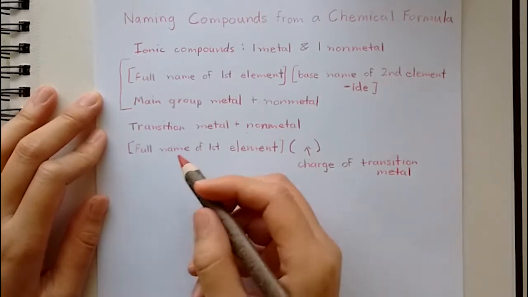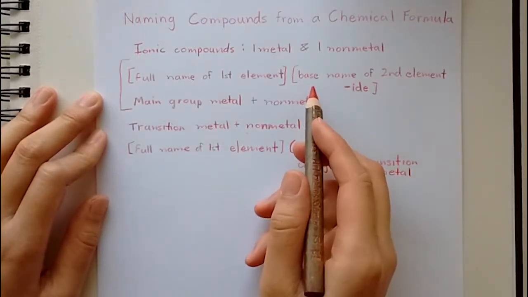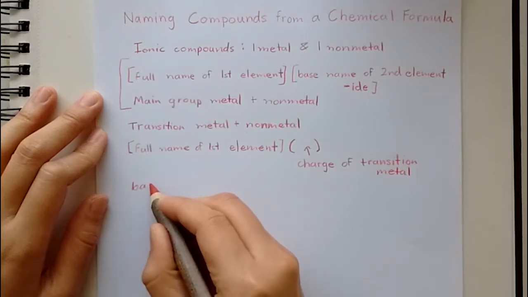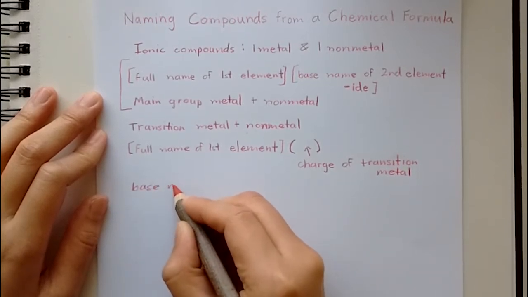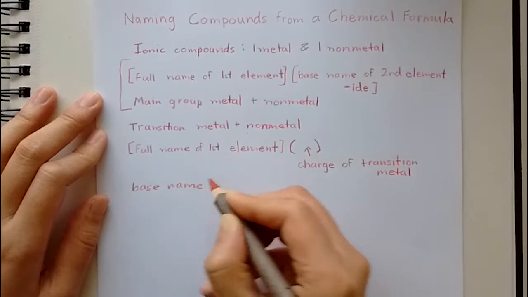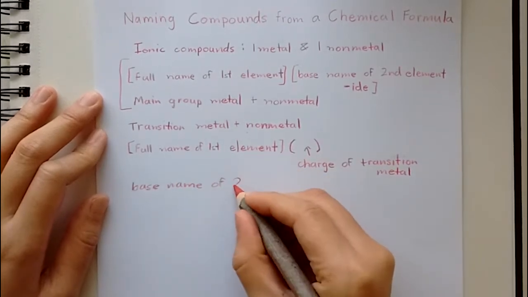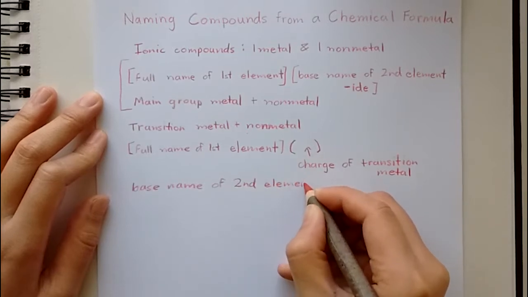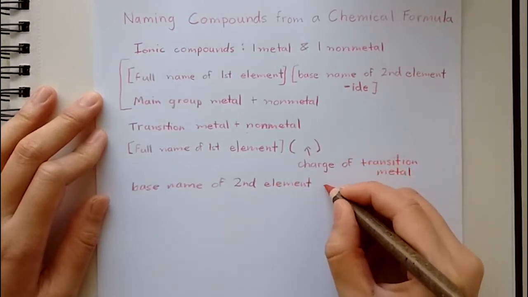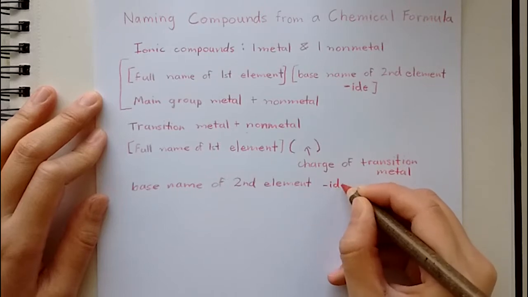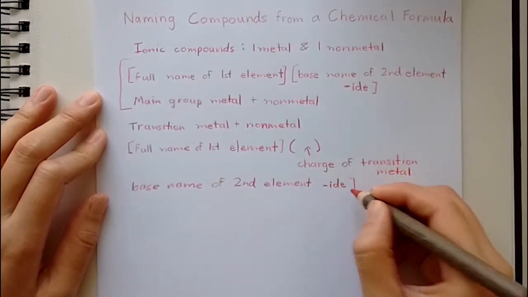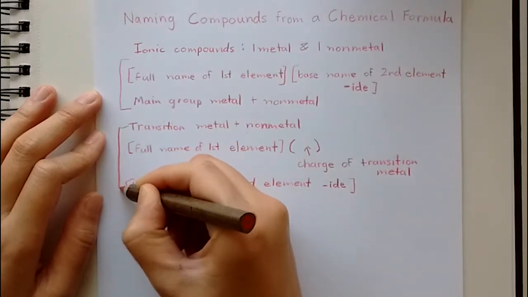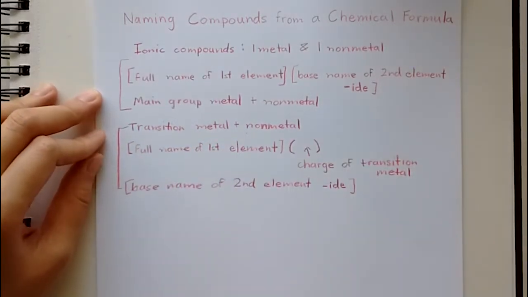And then for the second element, the nonmetal, it will be the same as the first case, where you have the base name of the second element and the ending of "ide." And that's another word. Okay, so that's the second case when you have an ionic compound.